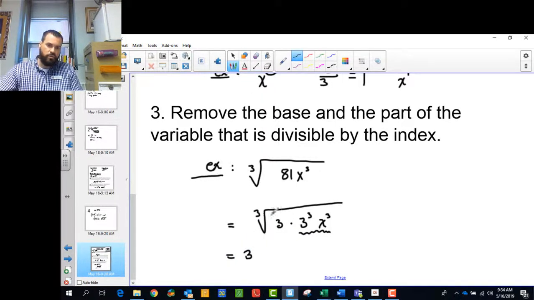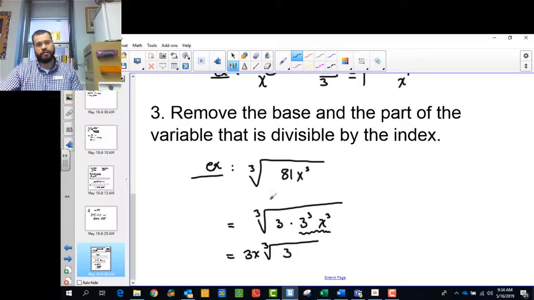We actually take the cube root of 3 cubed, so that gives me 3. The part of the variable that was divisible by the index, which is the whole thing, comes out, and I divide it by the index, so I end up with x to the 1. And what's left underneath is 3. And so I've written this entire radical as a mixed radical.